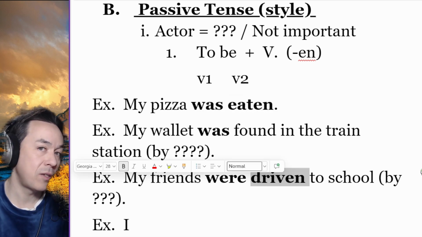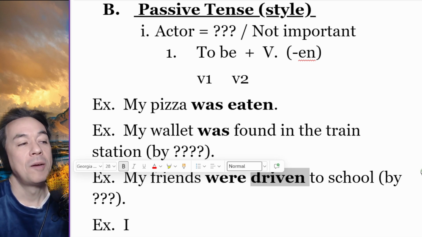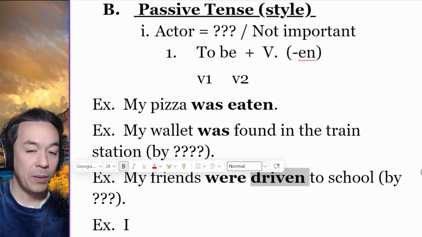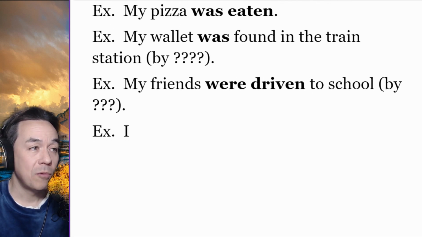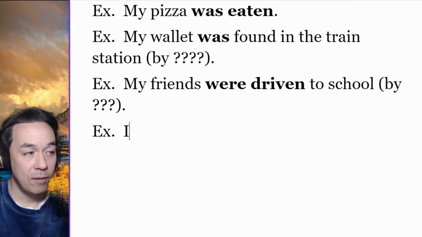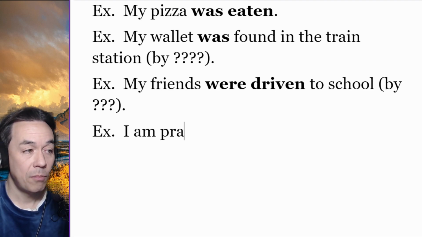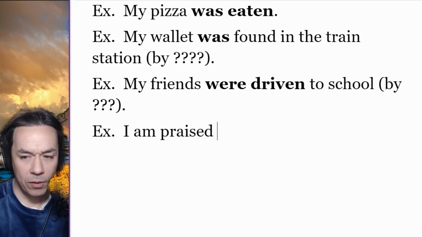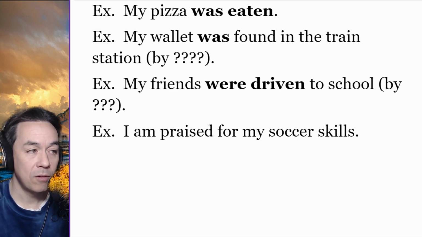Yeah, so I understand why this is not a favorite style, but we have to practice. And usually a textbook will just do the past tense, but don't forget also the present tense. I am praised. Praised what? For my soccer skills. So this is present tense.